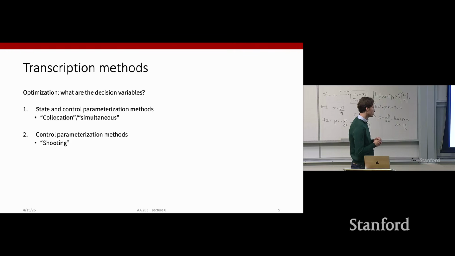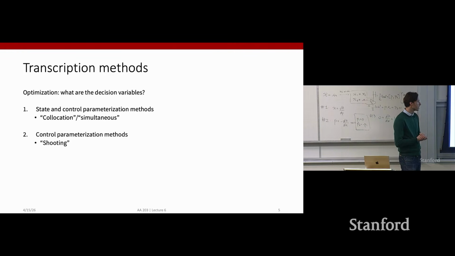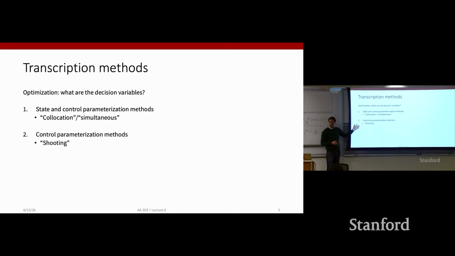Of course, these two families have pros and cons. As you can probably imagine, in these control parameterization methods only the control variables become optimization variables. And so these tend to become smaller optimization problems, simply because we have fewer variables to optimize over.